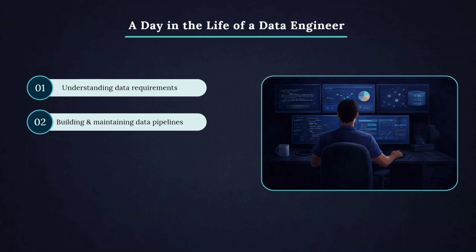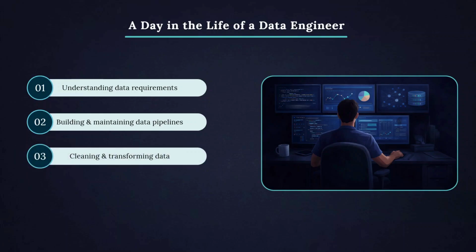This involves moving the data from different sources into a central system, transforming the data, and making sure those pipelines run reliably. A data engineer also spends a lot of time cleaning and transforming data. This is where raw, messy data is turned into structured and meaningful data.